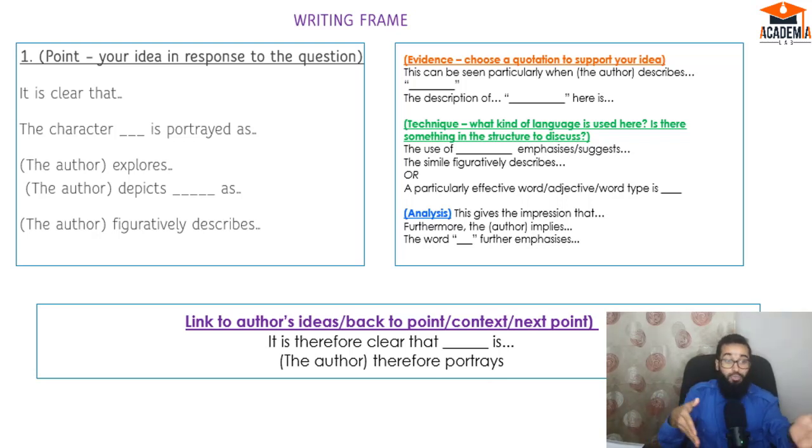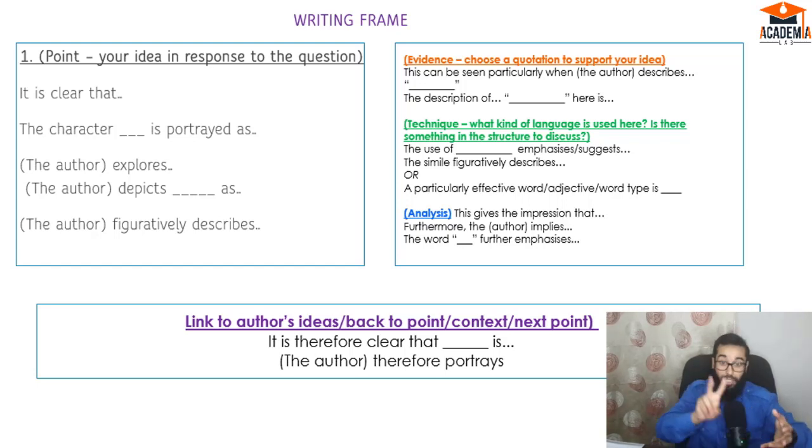The author explores is a very good word, or depicts John as, and you say something else as well. The author figuratively describes the desert, or describes the tents, or the houses, the sand, the people. You need to continue. I'm just giving you examples on how to introduce your point, which is your response to the question.